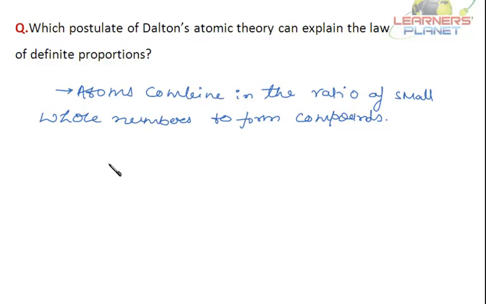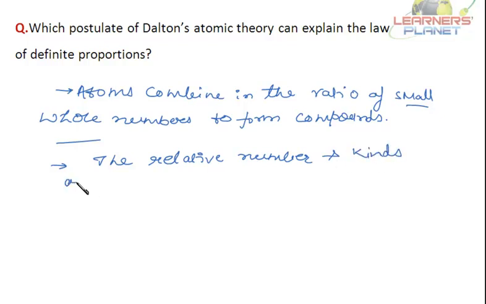Because half an atom cannot participate; it's a single atom. So there is a ratio of small whole numbers. And secondly, the relative number and kinds of atoms remain constant in a given compound.